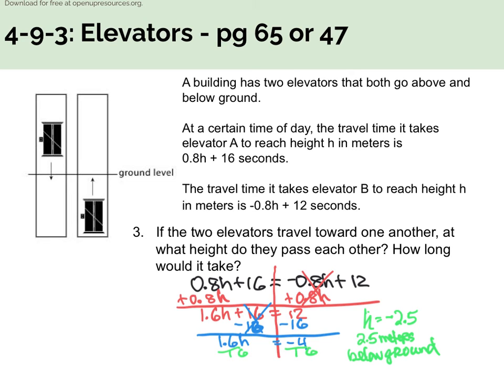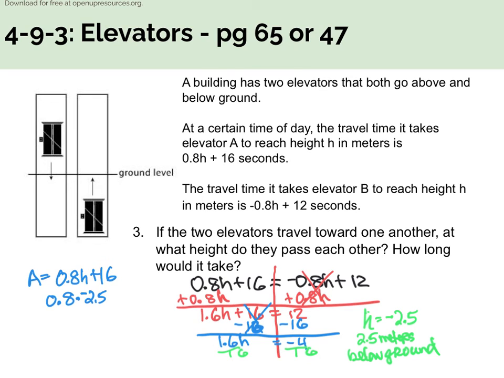So the second part of this is, okay, how long did it take for those to get there? So with elevator A, we're going to go ahead and put the negative 2.5 into the equation. So we have it as 0.8h plus 16, right? So we're going to do 0.8 multiplied by negative 2.5.